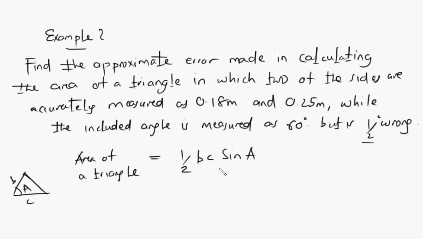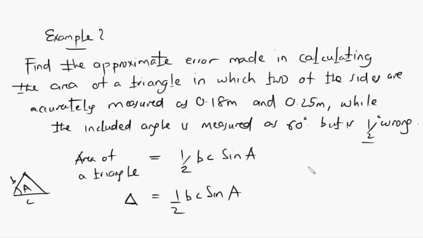Here the area and the angle would both be A, so let me use a different symbol for the area. So this is equal to 1/2 BC sine A. This is my y, and my A is my x.